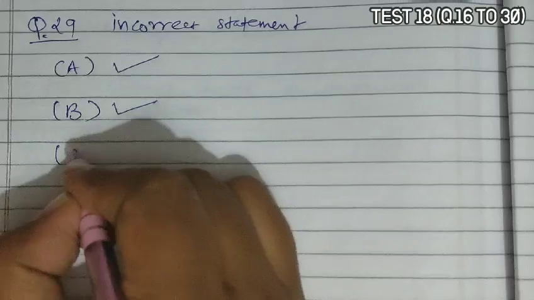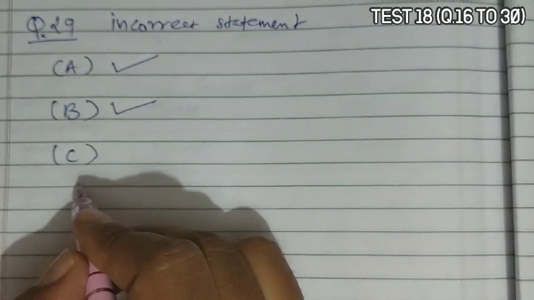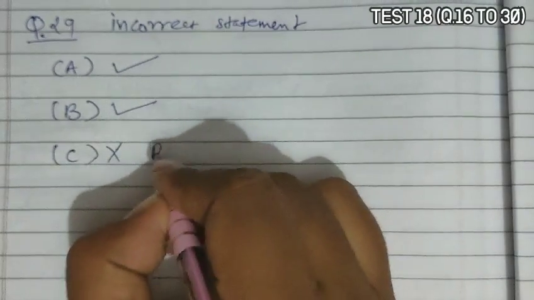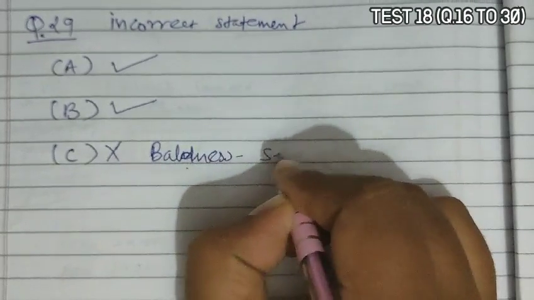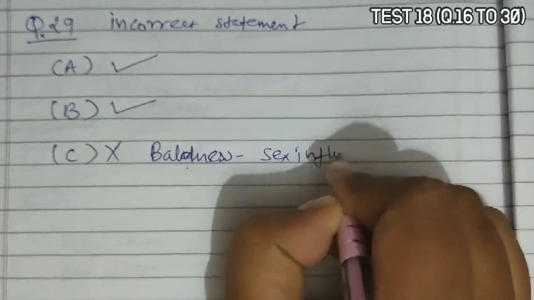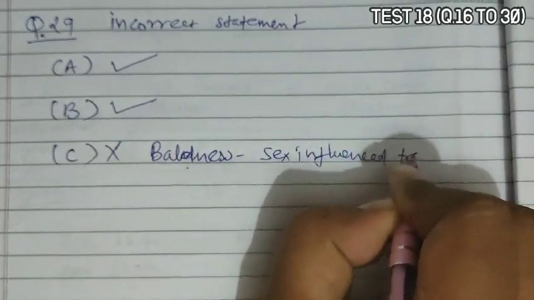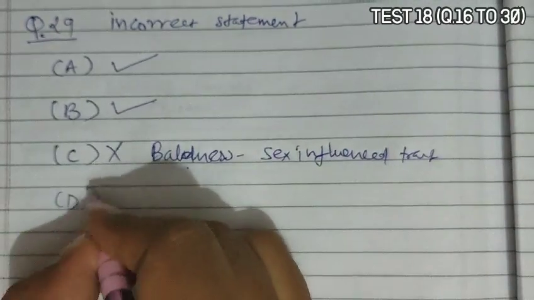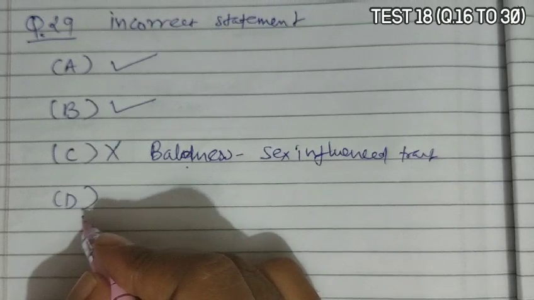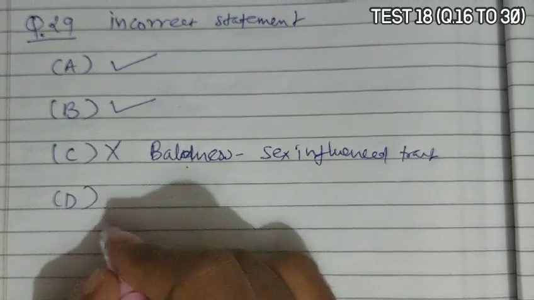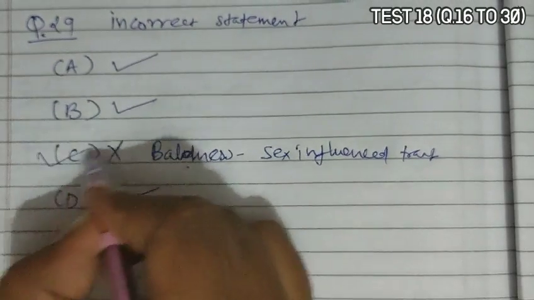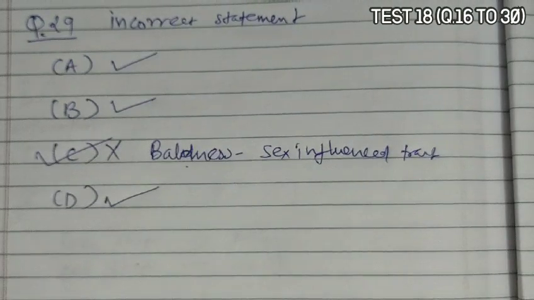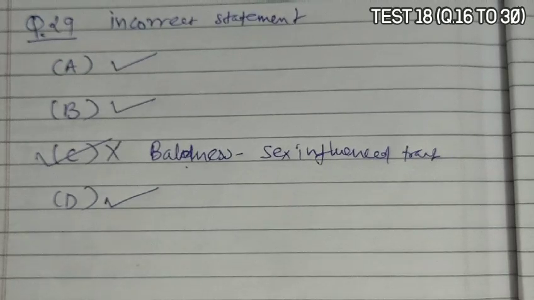Yes, it is also correct. Option C is baldness is a sex limited trait. It is incorrect. Baldness is a sex influenced trait. And option D, linkage is an exception to the principle of independent assortment. So it is also correct. So C is the incorrect statement for question 29.